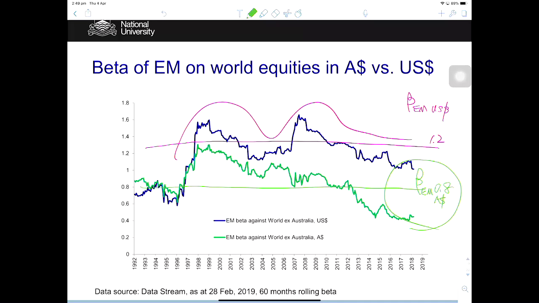So if I have additional exposure in the emerging markets, I introduce an additional exposure which potentially has a beta less than 1 relative to the world equity market in A$. Is that a good idea?